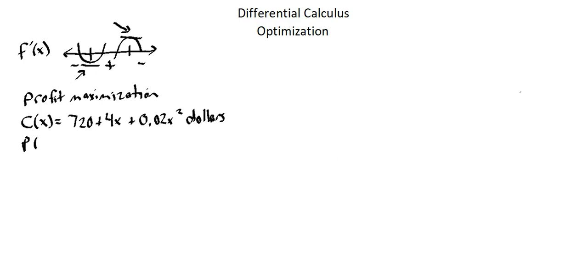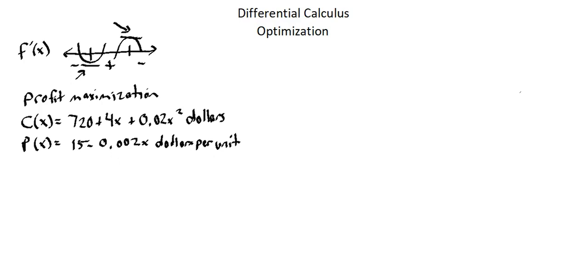My revenue function is 15 minus 0.002x dollars per unit. I want to combine these two into one function. First observation is one of the functions is total dollars, that's the cost function, and the second function is dollars per unit. That's our revenue function.